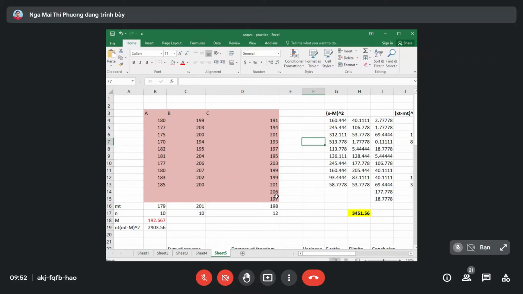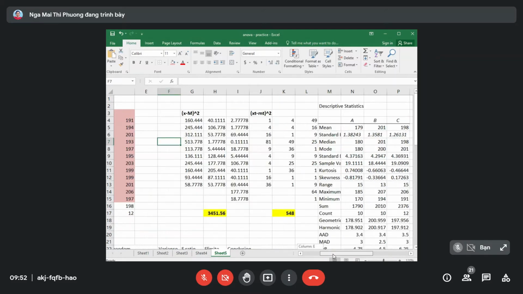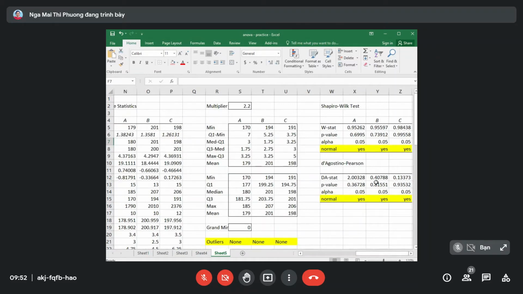And sometimes, if you remember, I said about the outlier. If the data has an outlier, you have to remove the outlier. Otherwise, it will affect the result. I already checked it.